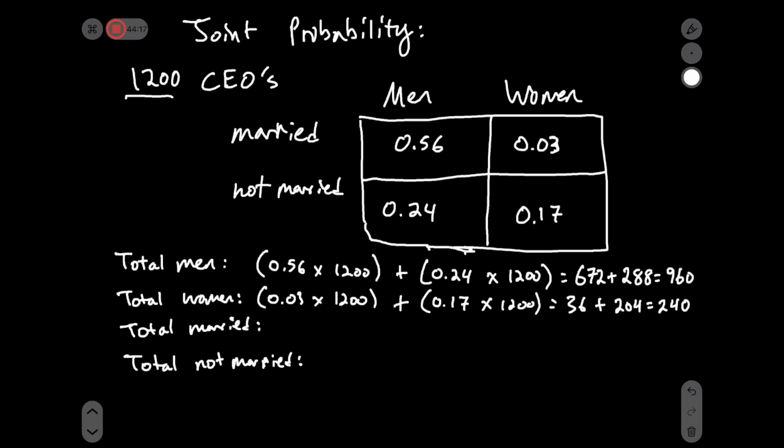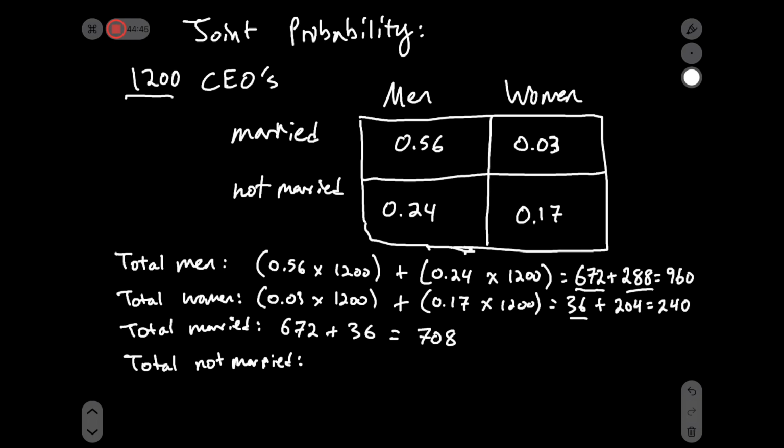How many of these CEOs that we've surveyed are married? Well, in this case, we know it's 672 plus our 36. We've already done the calculations. 672 plus 36 equals 708. And the total that are not married, that'll be 288 plus 204.